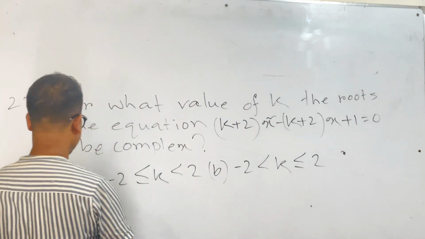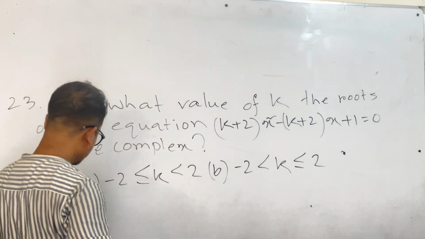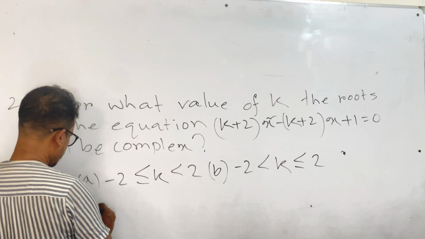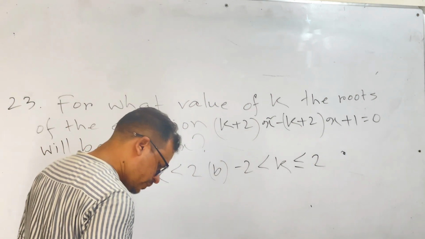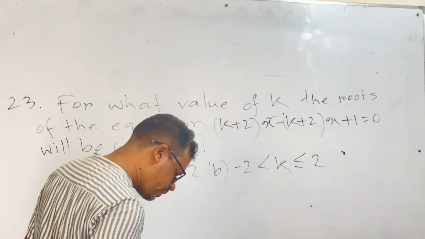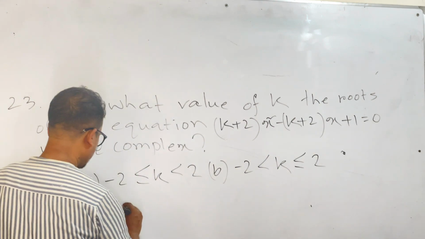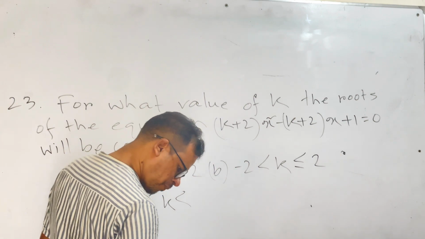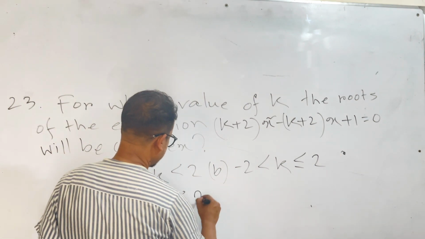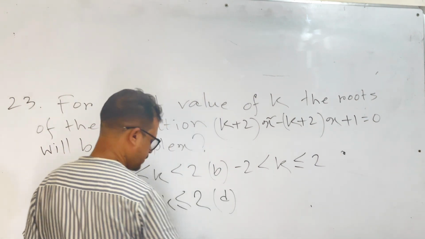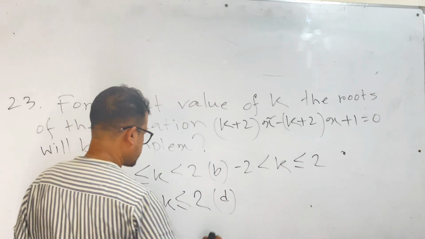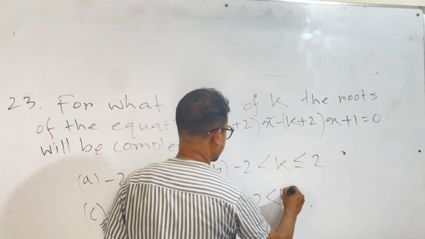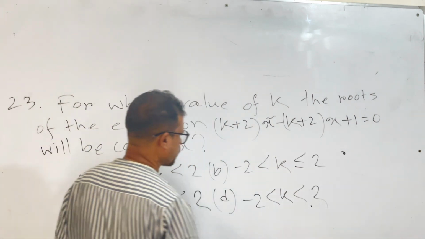C, minus 2 less than or equal to k. D, minus 2 less than k less than 2.